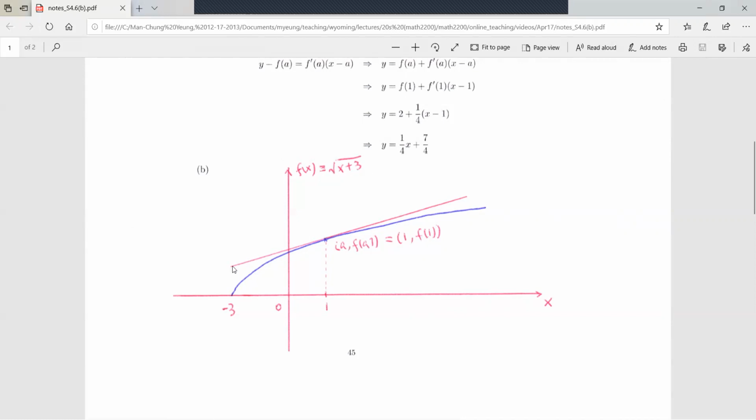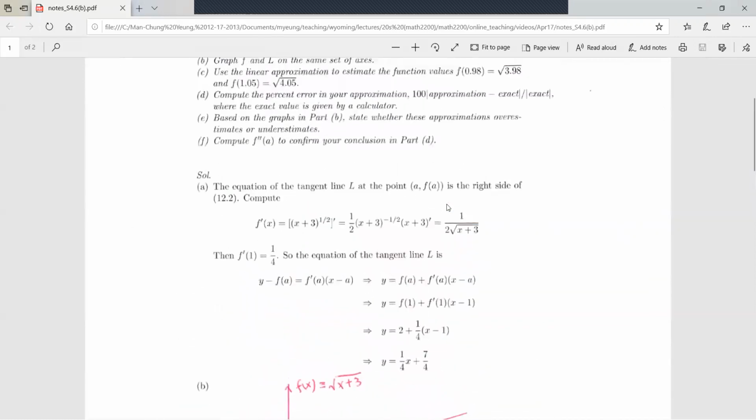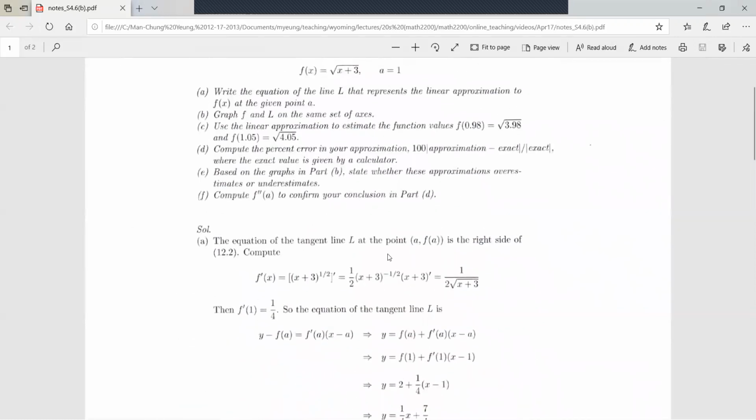Now to write down the equation of the tangent line, I need to know the slope of the tangent line. I have one point. For the slope of the tangent line, compute the derivative. The function is the square root of x plus 3.